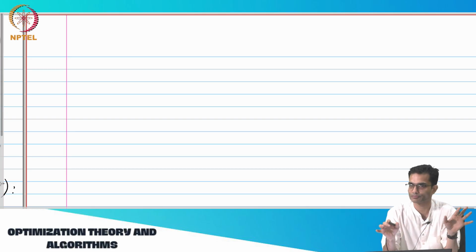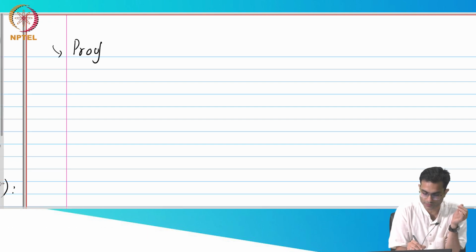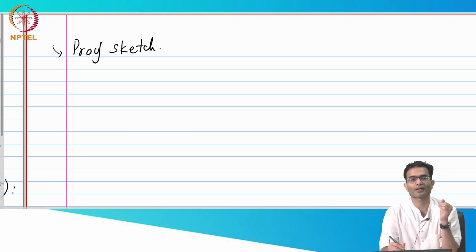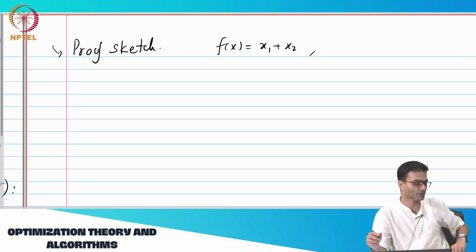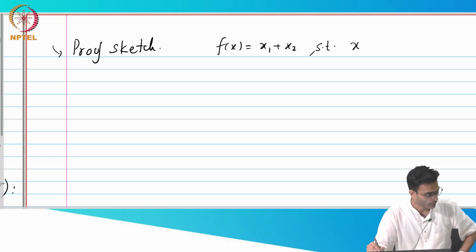Our favorite example is what we're going to take. So this is not a full proof. Let's call this a proof sketch. For that, our example was f of x equal to x1 plus x2, and I'm going to take two constraints, one of them the interior of the circle.